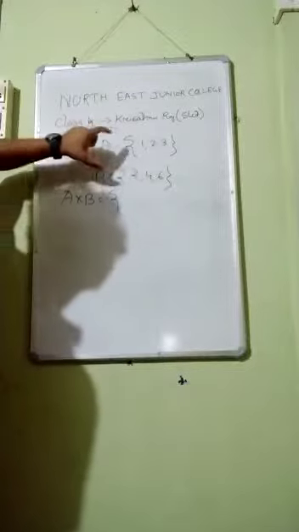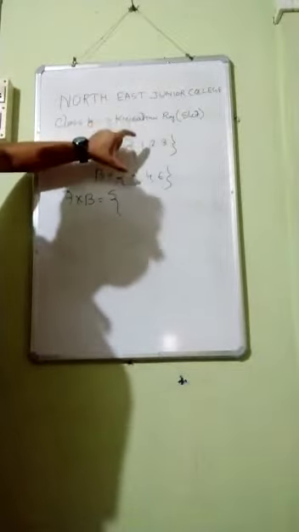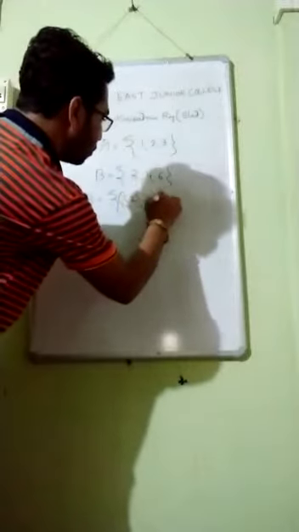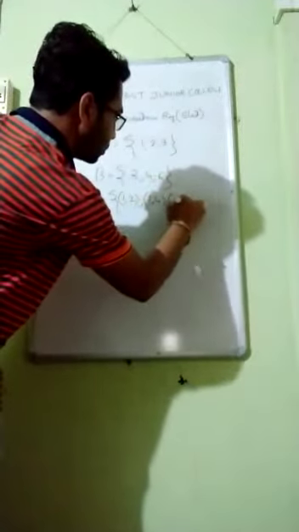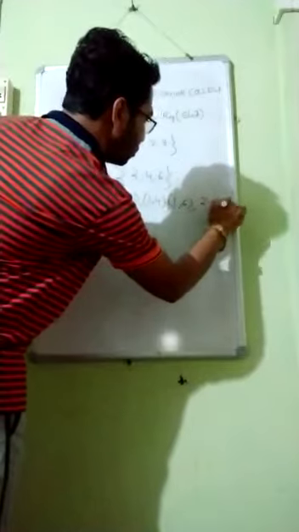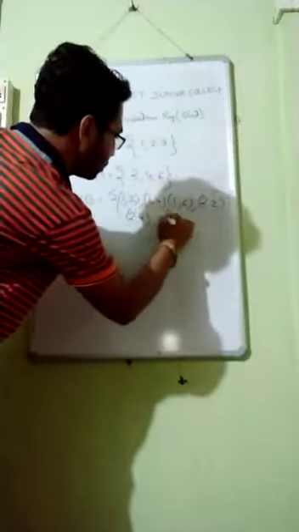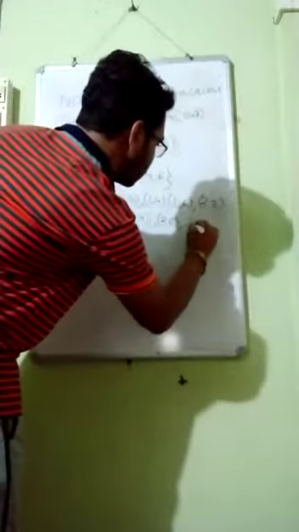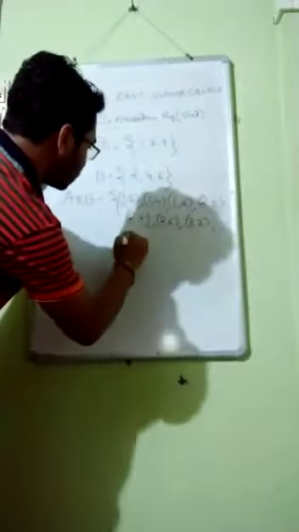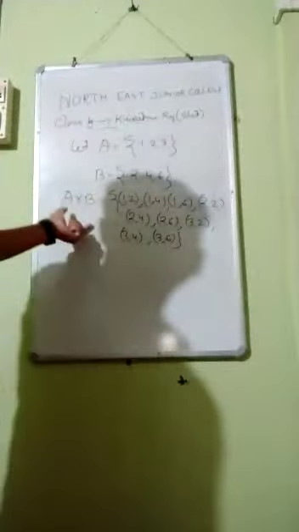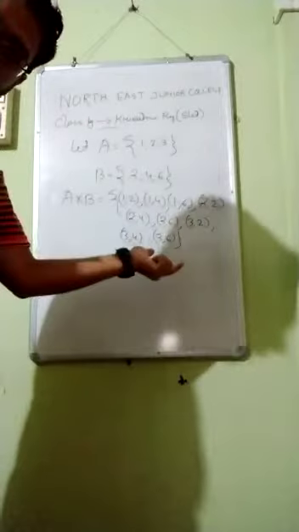By making all the possible ordered pairs between A and B: (1,2), (1,4), (1,6), (2,2), (2,4), (2,6), (3,2), (3,4), (3,6). So we get A cross B.